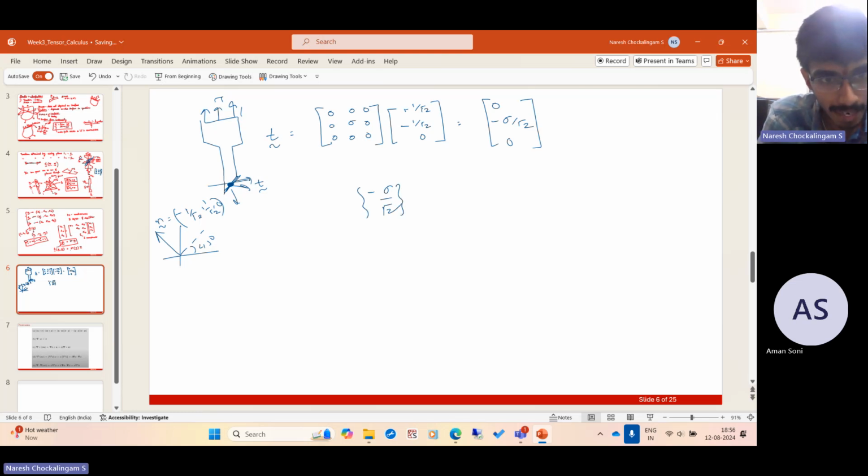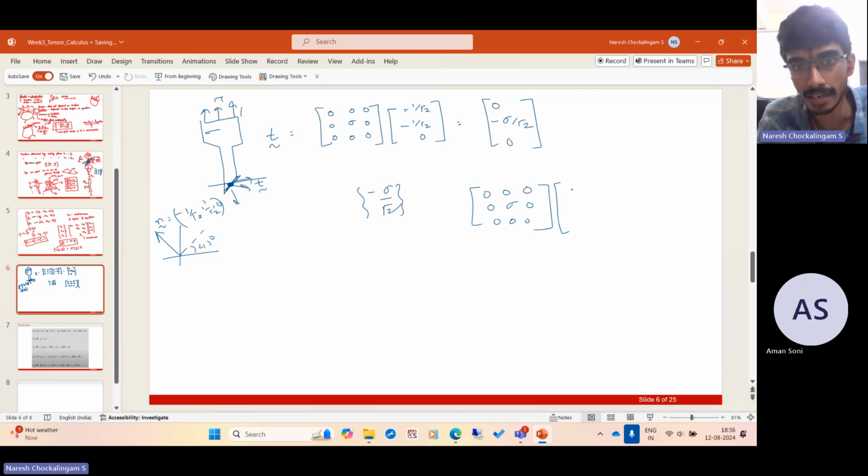If you take a plane like this, right, you have to recover what we have. So again, you have 0, 0, 0, 0, sigma, 0, 0, 0, 0. This plane has normal in the 2 direction, right? Here the normal is 0, 1, 0. If you consider this body, the normal is in the downward direction, so let me put a minus sign.